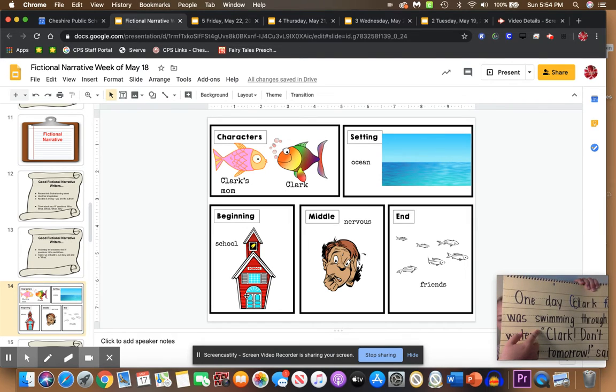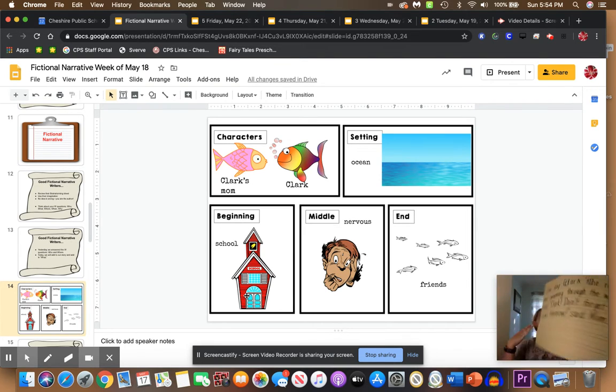Those are quotation marks. You don't need to necessarily use those right now, but good writers sometimes add dialogue, characters talking to each other. Clark, don't forget, you start school tomorrow, said Mom. And I capitalized Mom because he's going to call her Mom, and Mom is a special name.